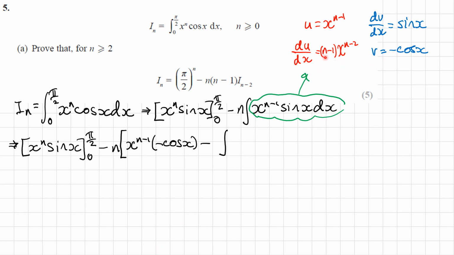Now you've got a minus here and an n minus 1, so we're going to take the minus across, so that now becomes a plus, and we're going to take the n minus 1 across as well, and then write the rest of the integral, so that's 0 to pi over 2, and actually this bit here also needs to be between the limits of 0 and pi over 2, and that leaves x to the n minus 2 times cos x dx.